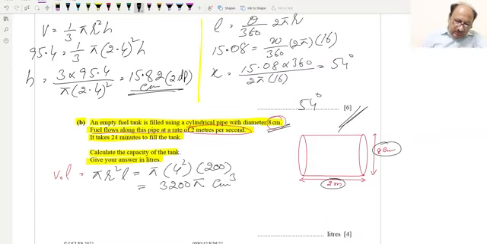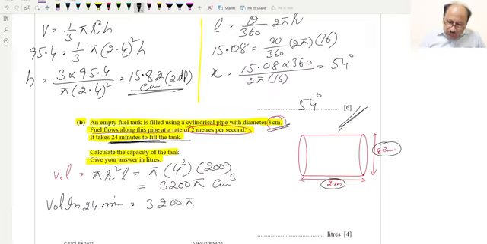Now they are saying this is in 1 second, but they are saying it takes 24 minutes to fill the tank. So this much volume will be multiplied for 24 minutes. The volume in 24 minutes will be equal to 3200 pi multiplied by 24, but minutes need to be converted into seconds, so multiply by 60.